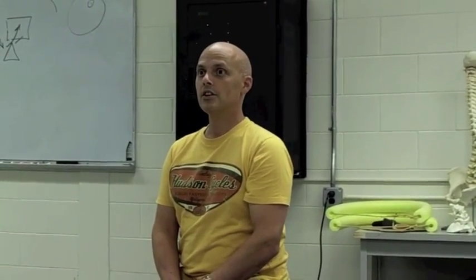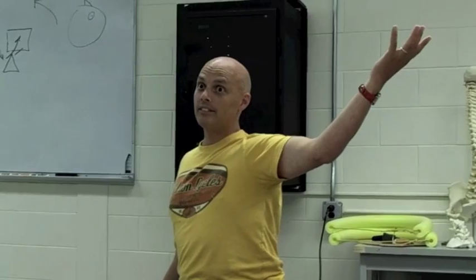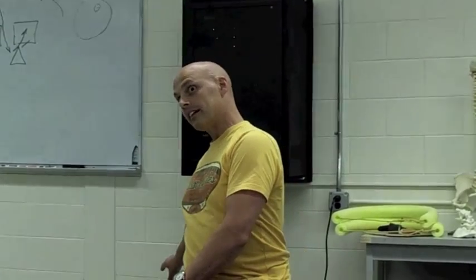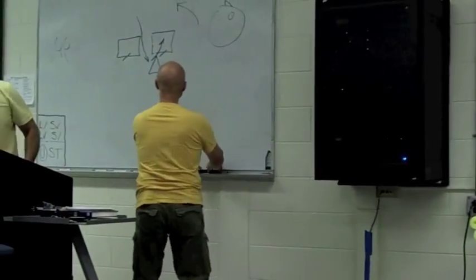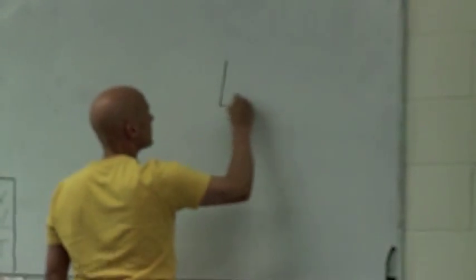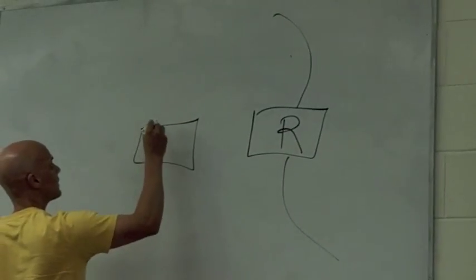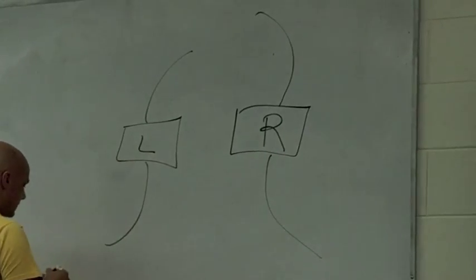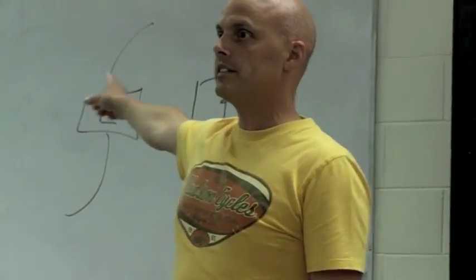And I threw those up on the boards last class, showing you that if anything is rotated to the right, the curve above is going to bend to the left, and the curve below is going to bend to the right. Get underneath the dysfunction. So if you have an FRS or an ERS to the left, the curve above it is going to go opposite.